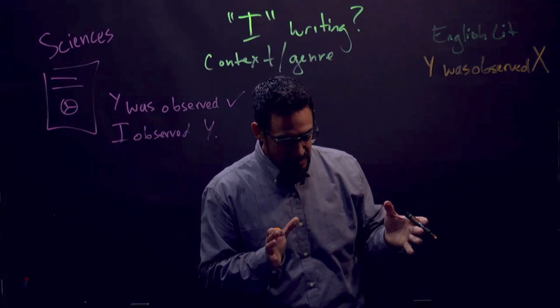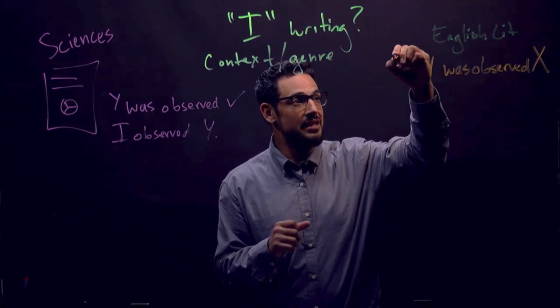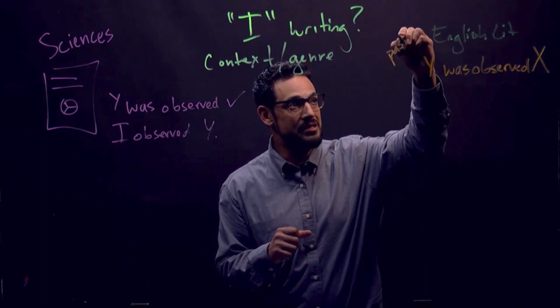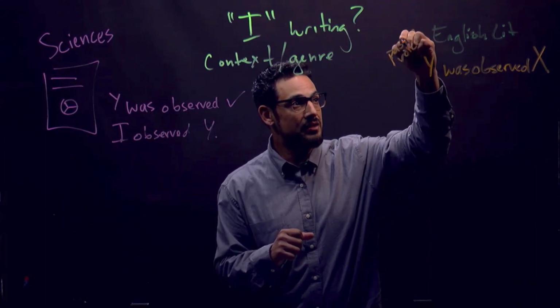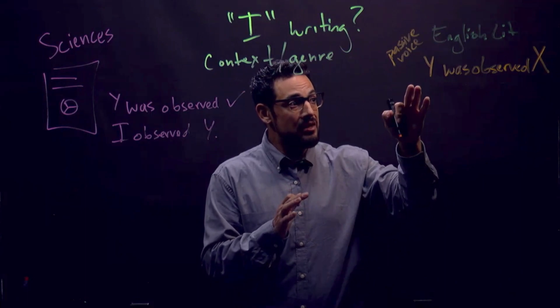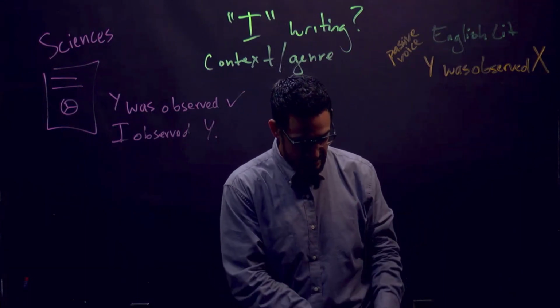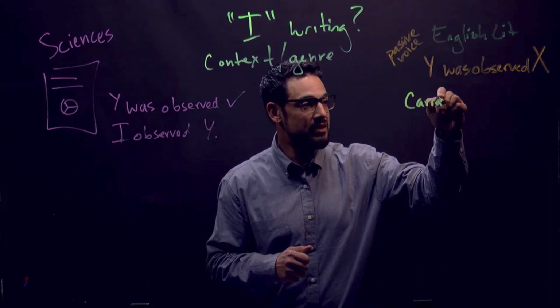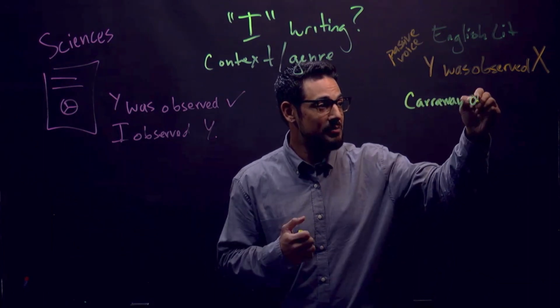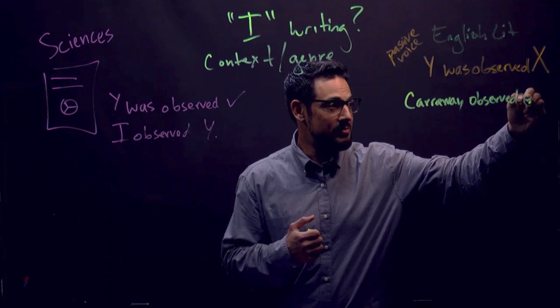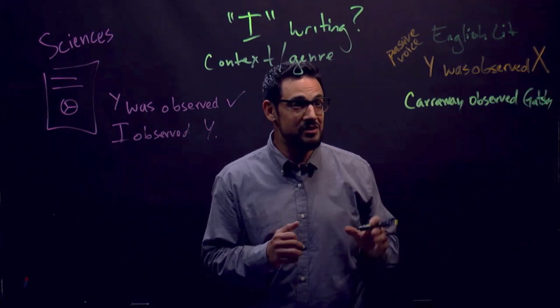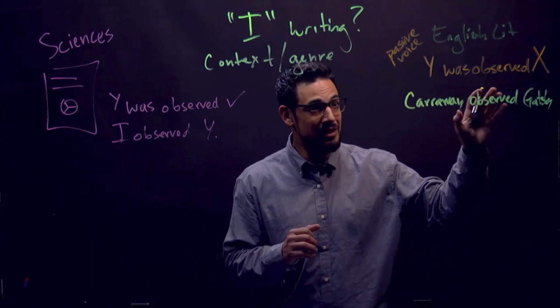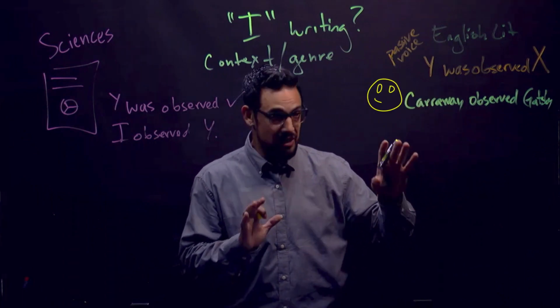The reason they say this is because this is what's called passive voice, two S's there. So instead of "Y was observed," they want to see a subject, like "Caraway observed Gatsby." In this case, we have a clear subject who is observing an object.